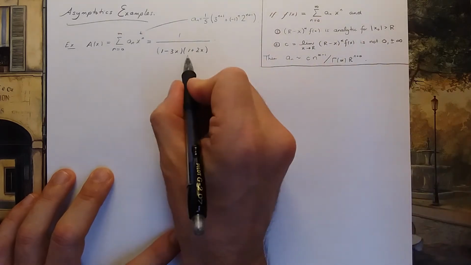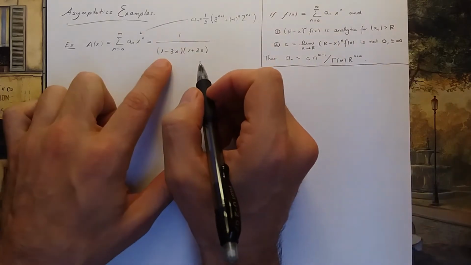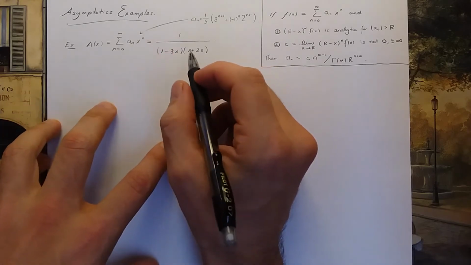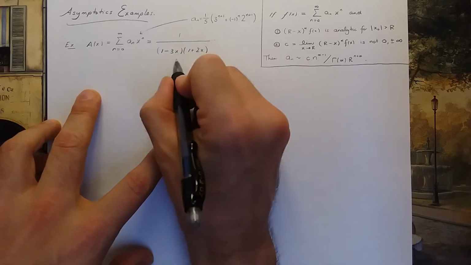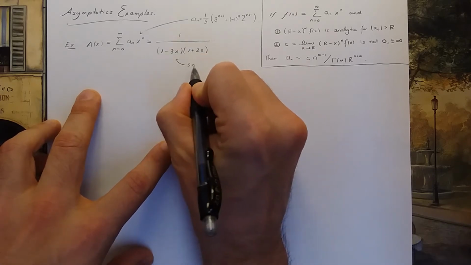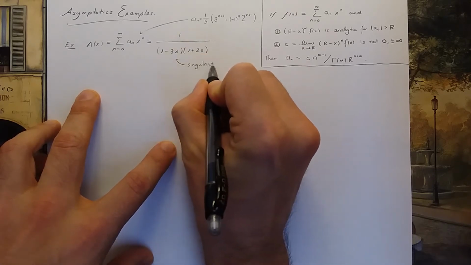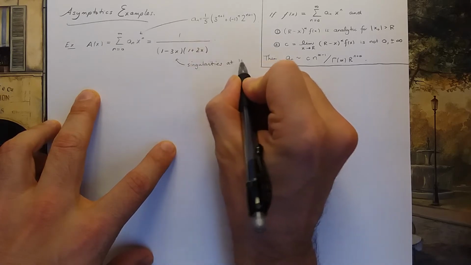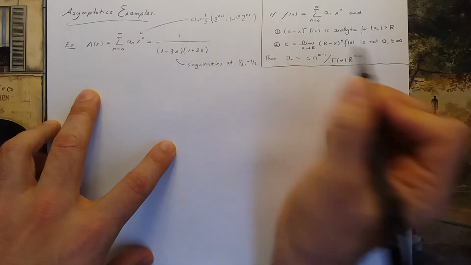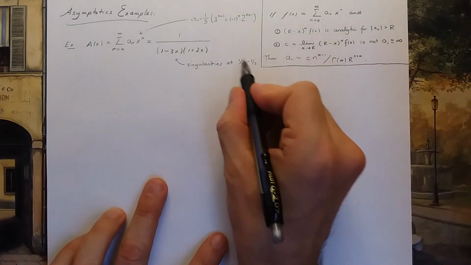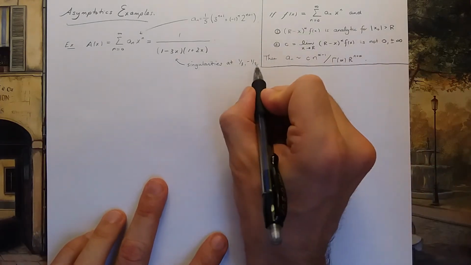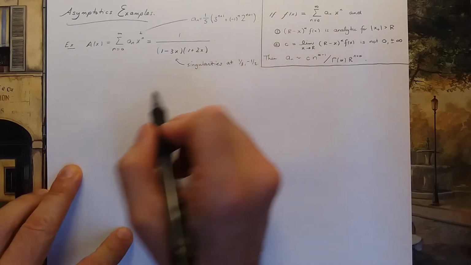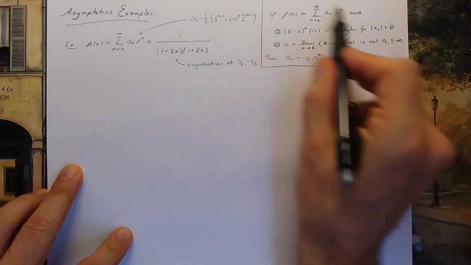So if you look at the singularities of this function, I have division by 0 and therefore singularities at 1/3 and negative 1/2. 1/3 is smaller in absolute value than negative 1/2. So that is going to be my R value in this theorem.